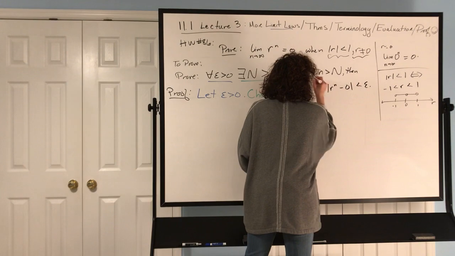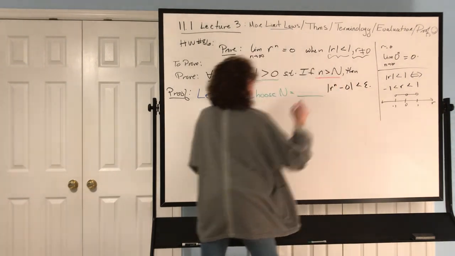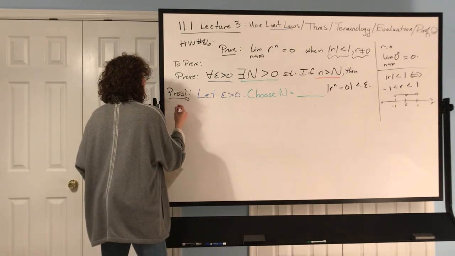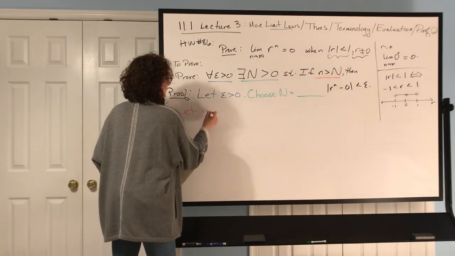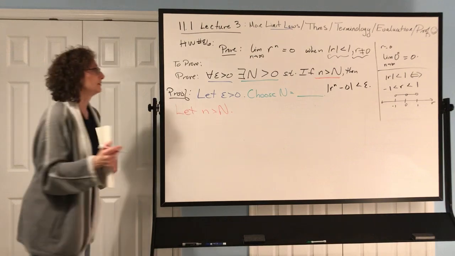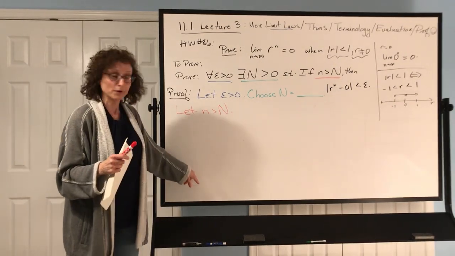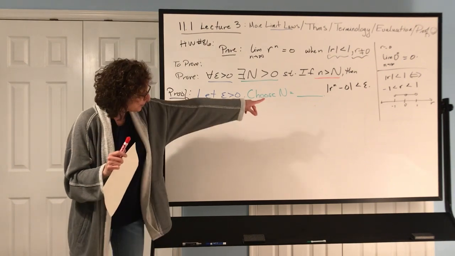We know that this is true because it's the hypothesis in our if-then statement. So we get to let that be true as well. Let n be greater than capital N.